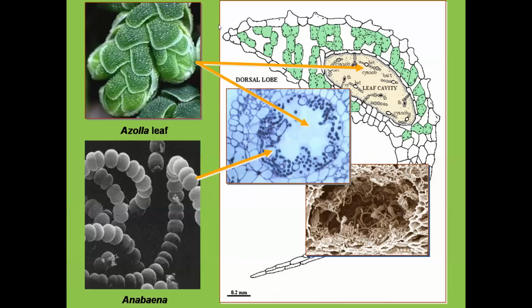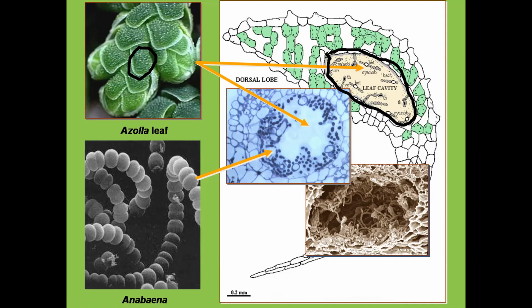Just so you know how this all works, because you're like, how does the bacteria live inside of the plant? So if you were to look at one of these Azolla leaves, a cross section under the microscope, there's an entire hole inside of each leaf where the bacteria live, which is pretty interesting.